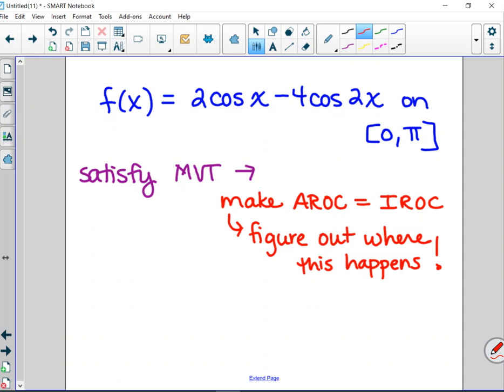Finding C. So how do we start? Just so we're clear what we have to do, we have to figure out where the average rate of change is equal to the instantaneous rate of change.